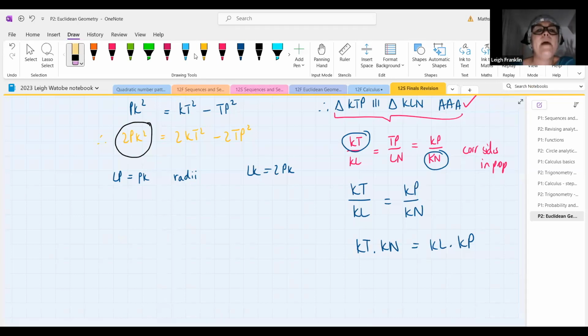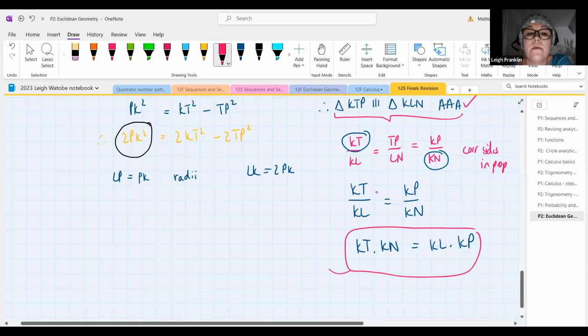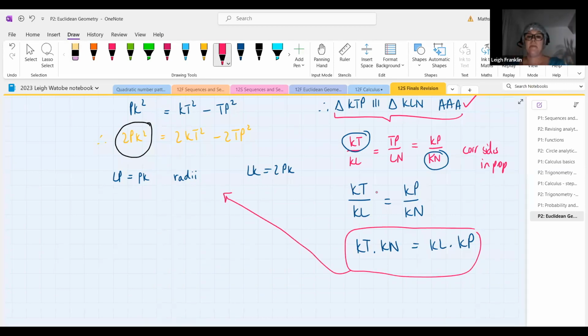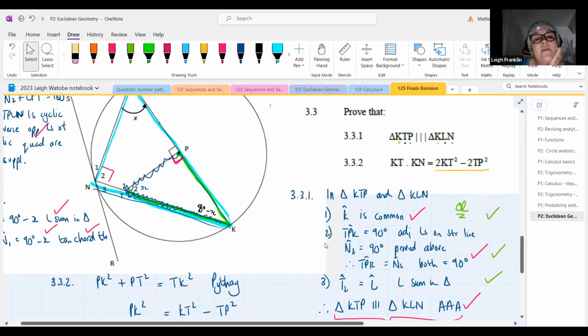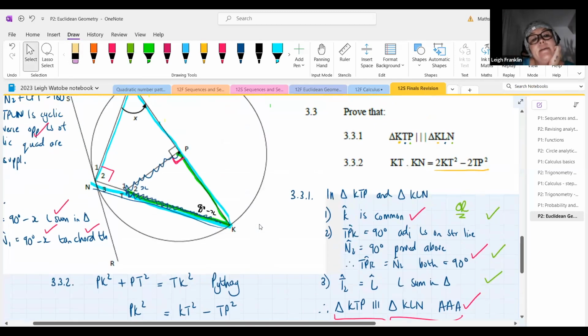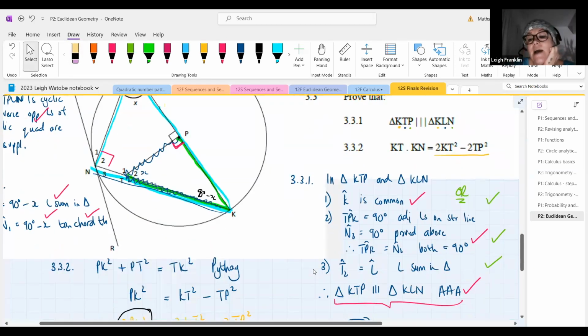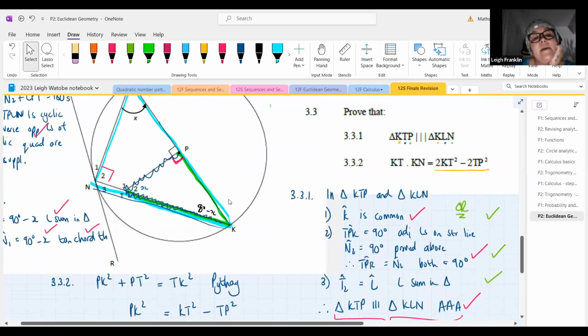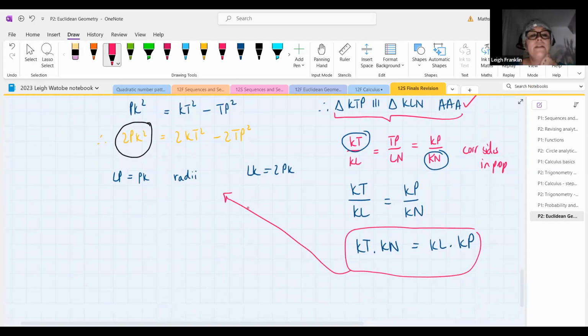So when we come back up here and look at our diagram, you can see that KT times KN is KL times KP. What is KL times KP over here?